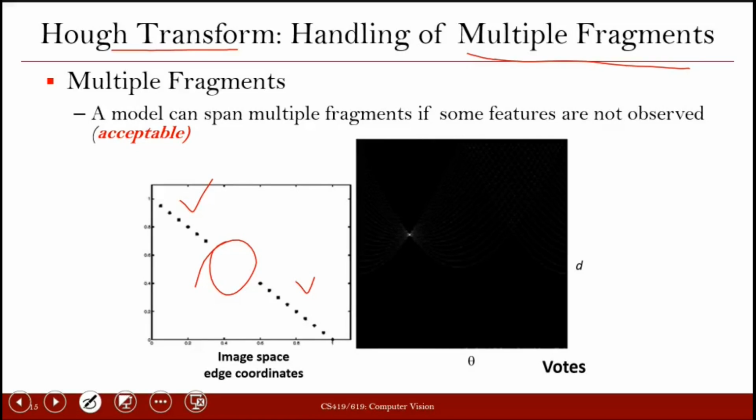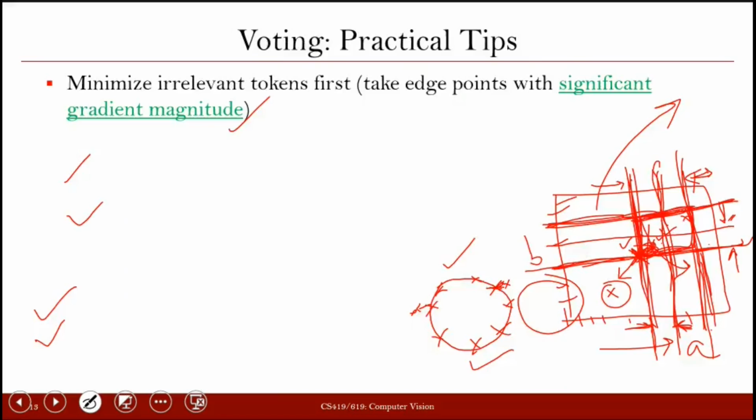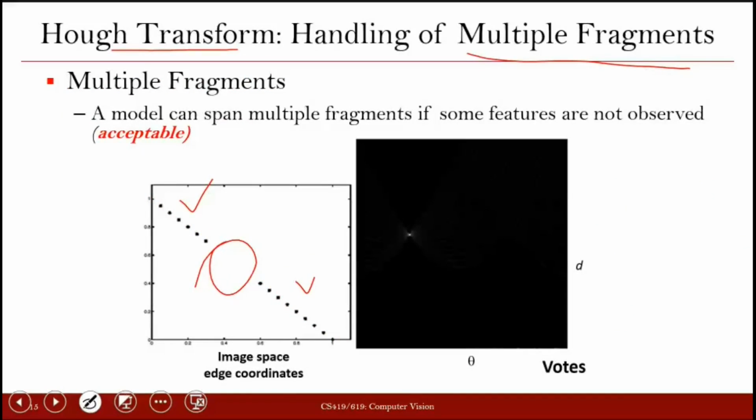For example, with the coin we were talking about, let's say some part of the coin is hidden. Based on this part and this part, we'll still be able to detect this circle. So we can handle multiple fragments, or in other words, we can also handle occlusion.